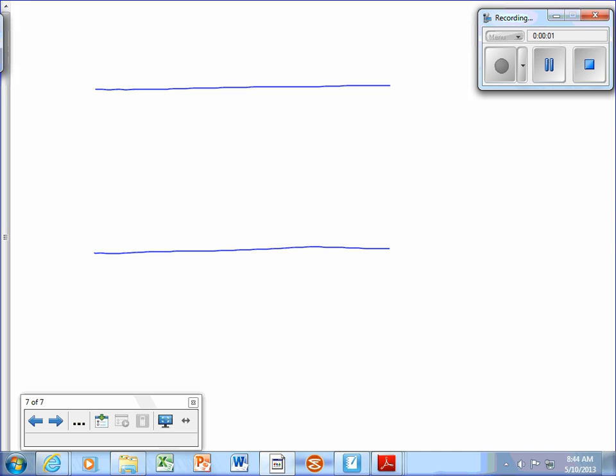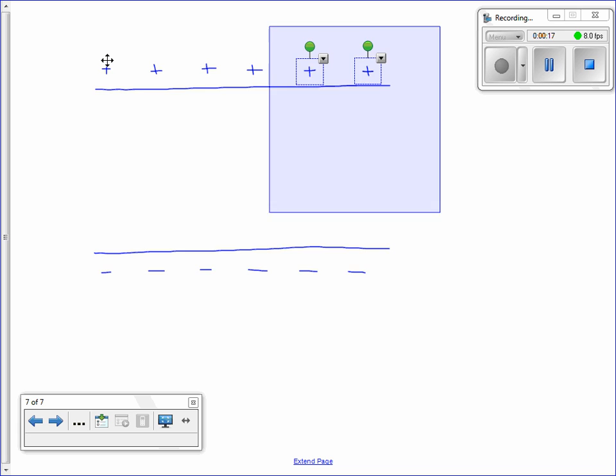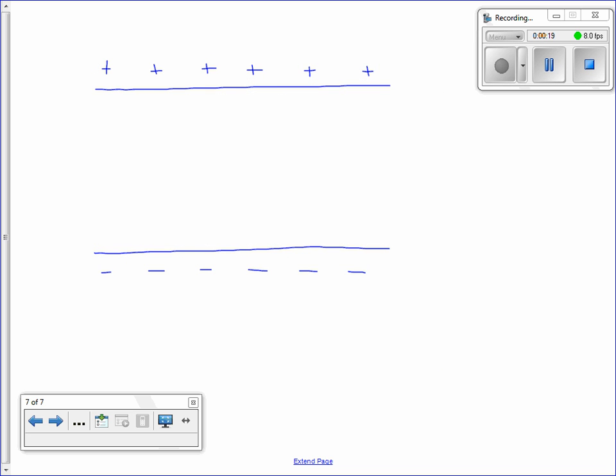So it is pretty common to have questions, certainly about oppositely charged parallel plates. Ooh, you know what I should do? Let's take these and do, whoops.